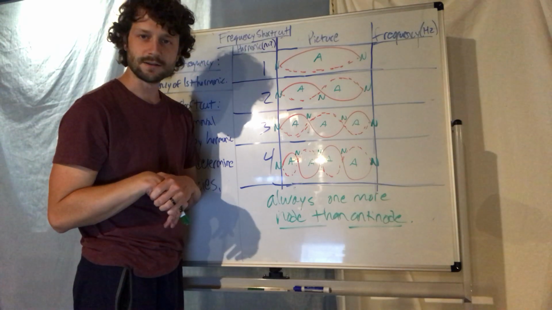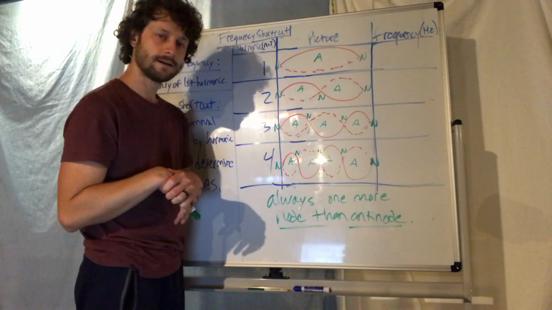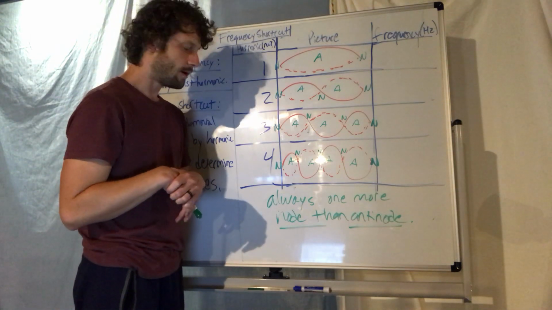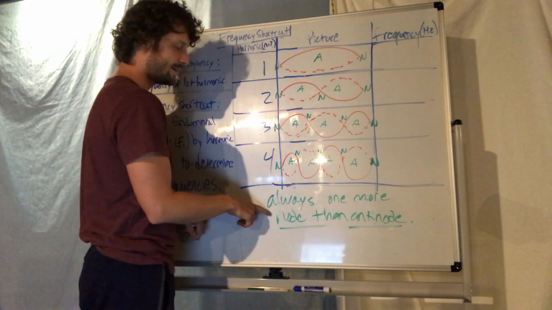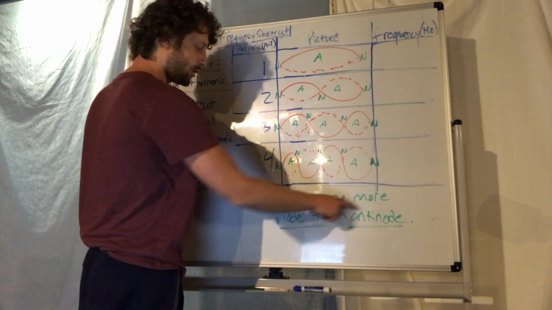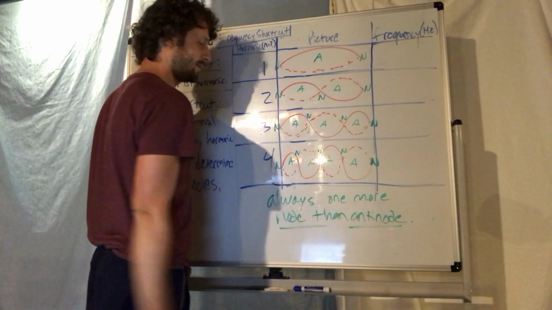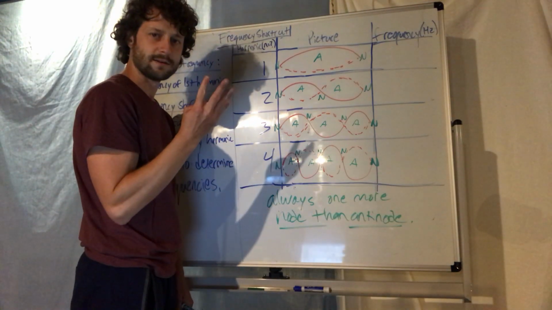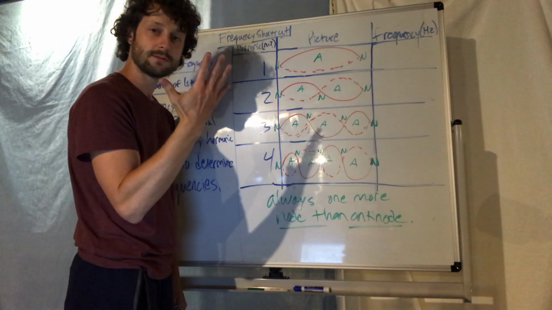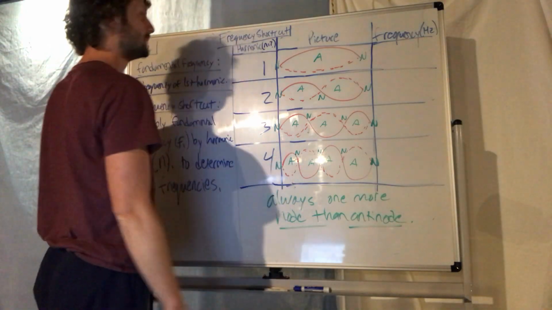What's that? You say you see a pattern? What is it? It's on the board already. Oh, there it is. There's always one more node than antinode. That's right. So if you're in the 4th harmonic, you have 4 antinodes, but you have 5 nodes. Oh, interesting.